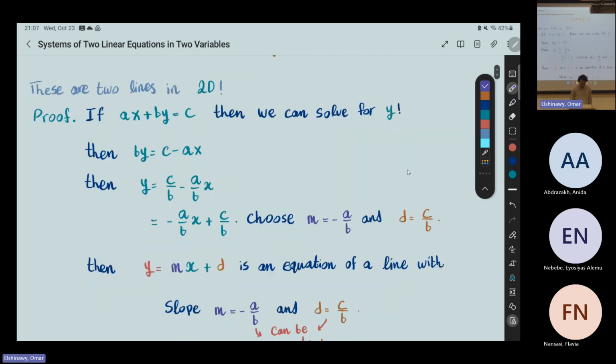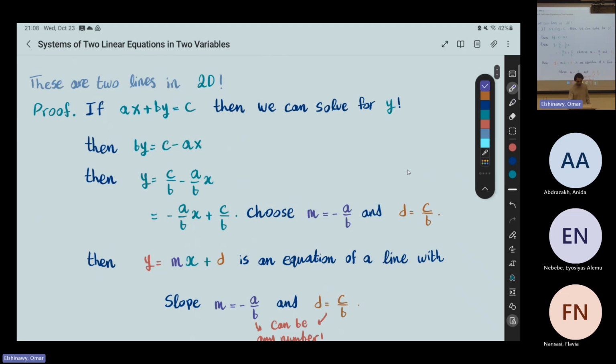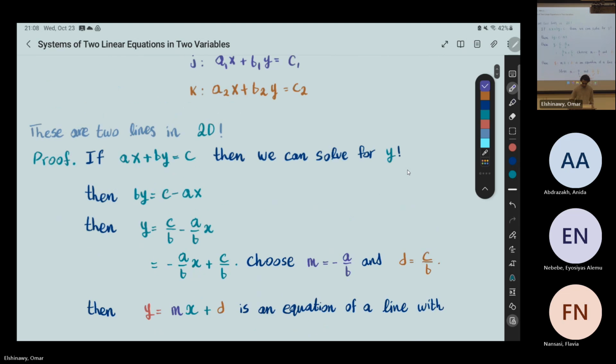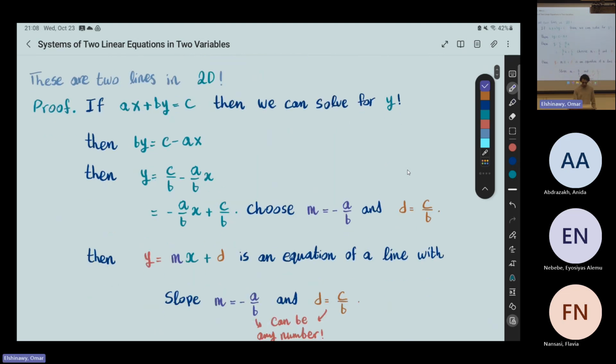To prove to you that this is really our standard equation where we have y is equal to mx plus some constant, I just make a quick argument here. So if I take any ax plus by, which is equal to some c, which means I multiply x by a factor, I multiply y by another factor, and I have a certain constant, which is the result of the equation.